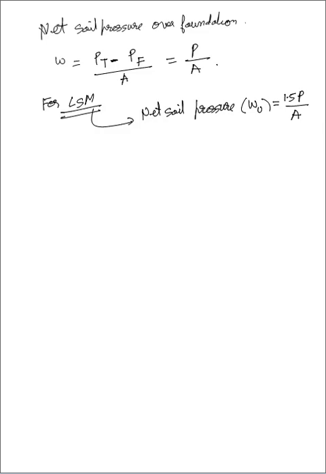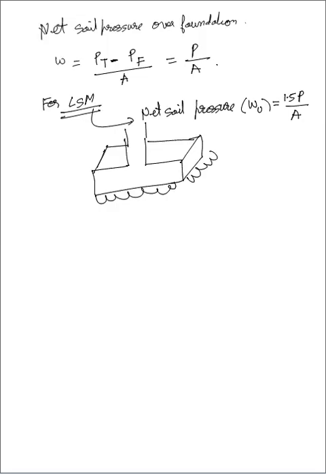See, again I am drawing this figure again and again. Let me draw it in 3 dimensions like this. So the soil beneath, this is UDL. Here also there will be some load.